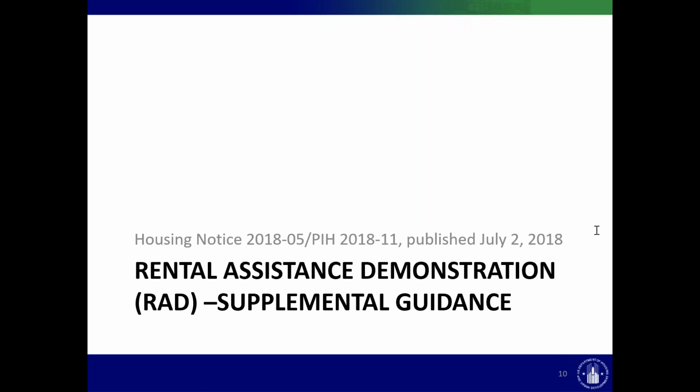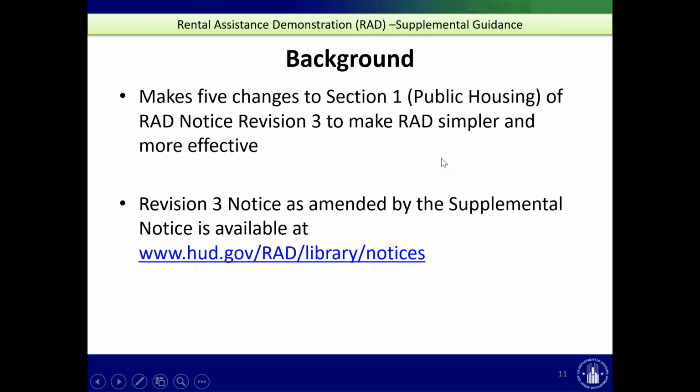Okay, so the RAD supplemental notice is a joint Housing and PIH notice, Housing Notice 2018-05, PIH Notice 2018-11, published on July 2nd. It makes 5 discrete changes to Section 1, just related to the public housing conversions. The changes amend directly Revision 3 of the RAD notice, with the goal of making RAD simpler and more effective.